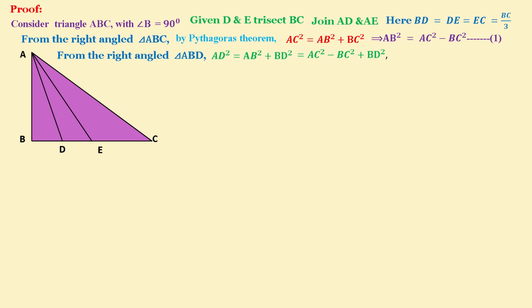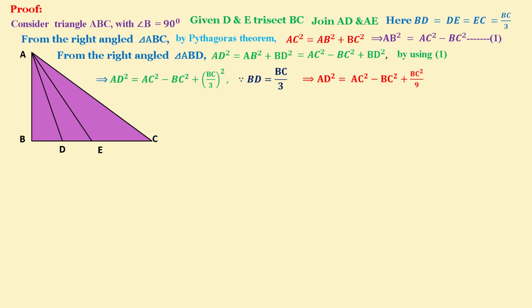AB square can be written as AC square minus BC square from equation number 1, plus BD square. So AD square is equal to AC square minus BC square plus, since BD is BC by 3, BC by 3 the whole square.